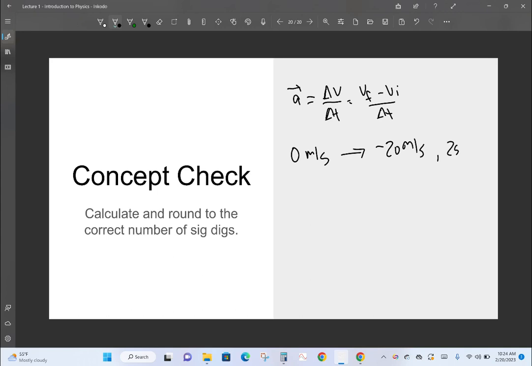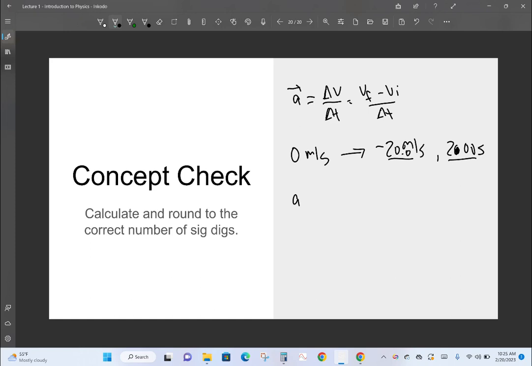And let's put some significant digits in here. So let's say that this is 2.00 seconds and 20.0 meters per second. How many significant digits does 20.0 have? Well, it's got 3. And how many significant digits does 2.00 have? It has 3 as well.